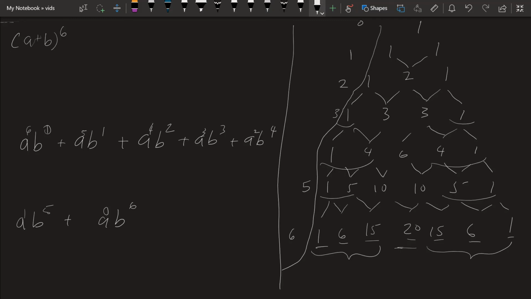And then we just copy those coefficients: 1, 6, 15, 20, 15, 6, and 1. This is the binomial theorem, and this was Pascal's triangle.